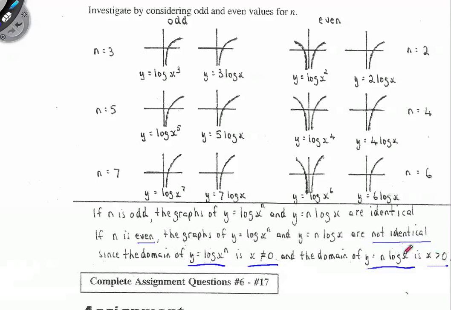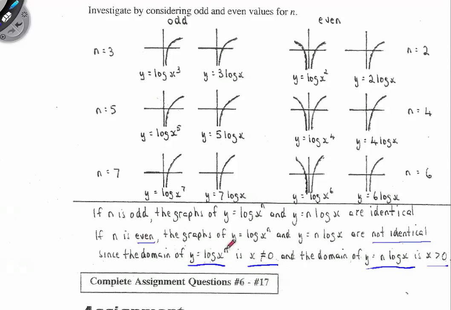In other words, we can't log a negative number. We can't log a negative number here either, and when n is even, then x to the n will be positive. Even if x is negative, x to an even exponent will be positive, so we can log it.